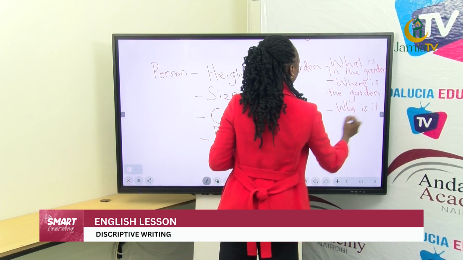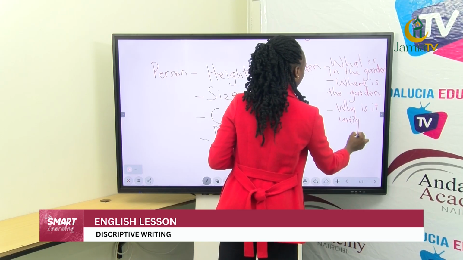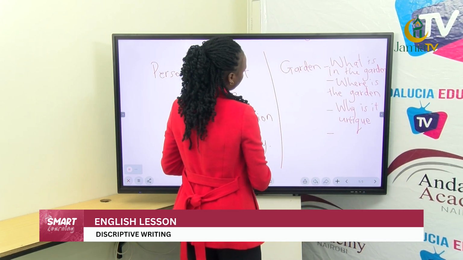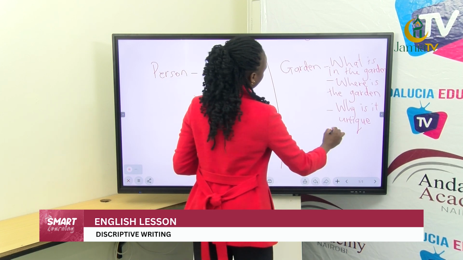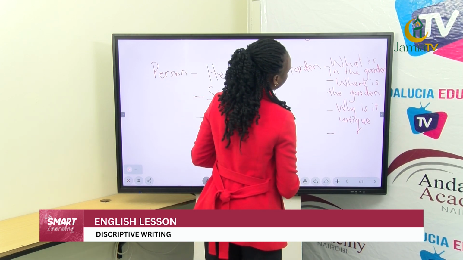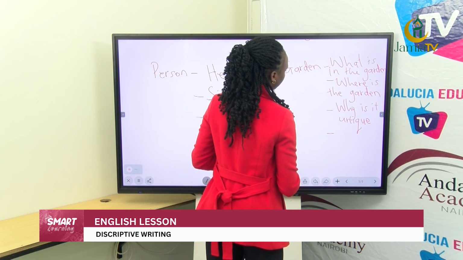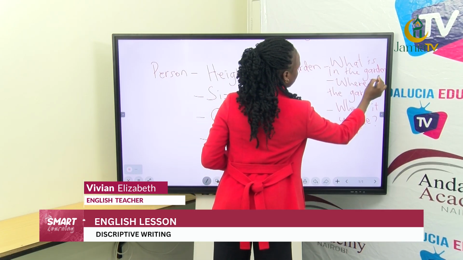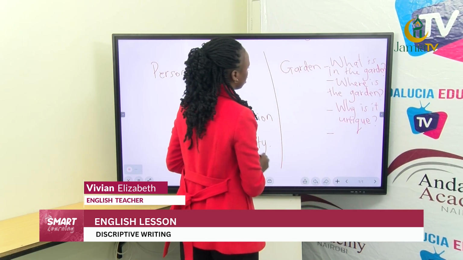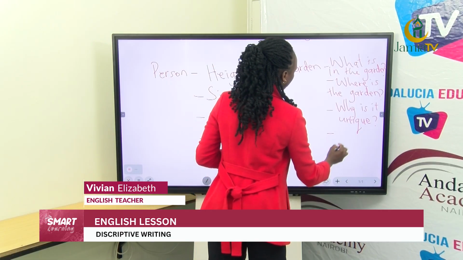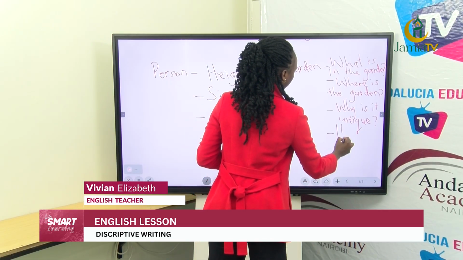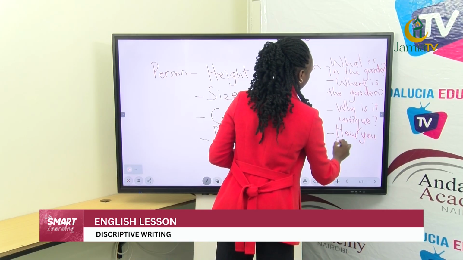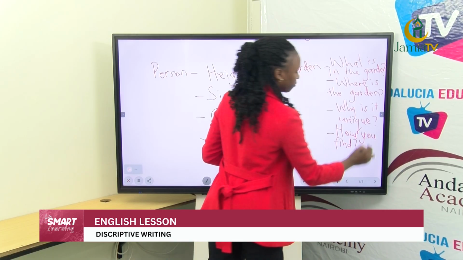Why is it unique? So we have what, where it is, why is it unique? And then generally we have how you personally find it. What is your opinion of the garden?